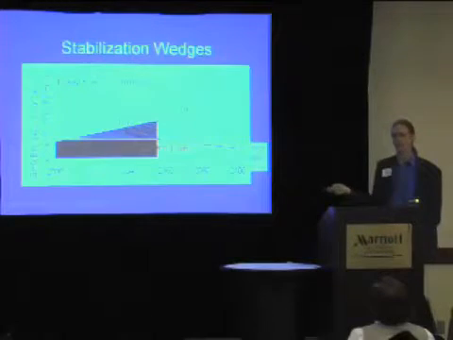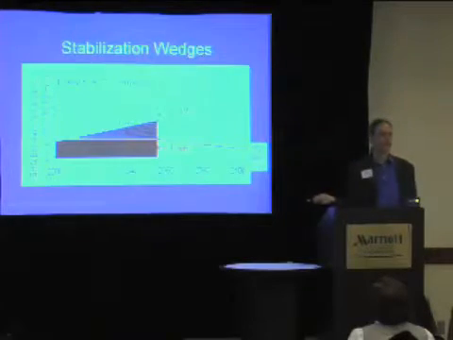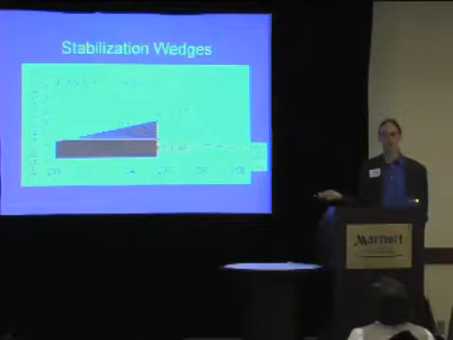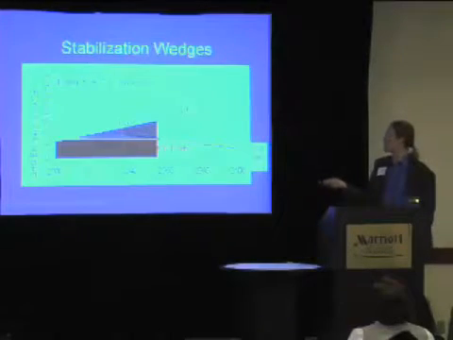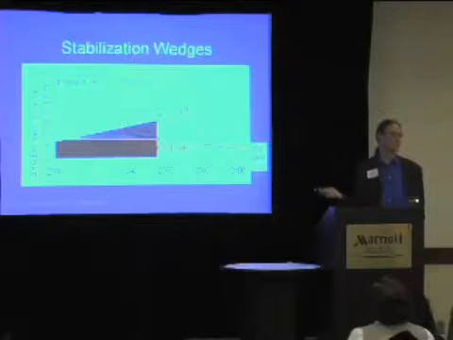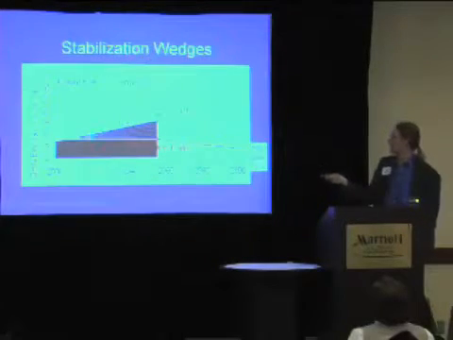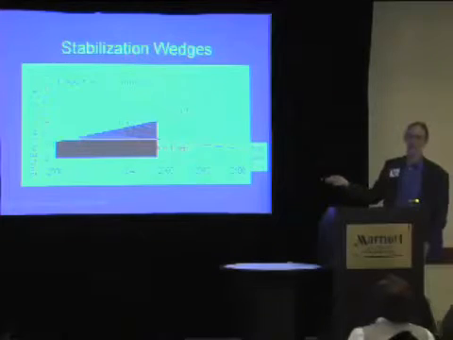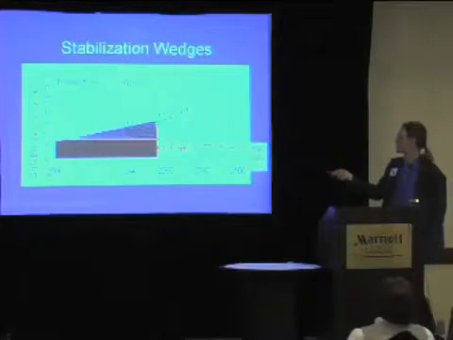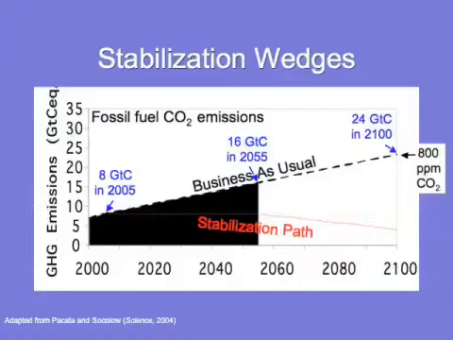They wrote their paper based on 2002 data, and it looked likely that that is where we would be globally. Turns out that in 2004 we were at 8, and we're higher than 8 billion tons already. So I've revised this to start at 8 billion and going to 16 instead of 7 to 14. Therefore you have 8 wedges, but it's more or less the same magnitude of the problem that was originally described.